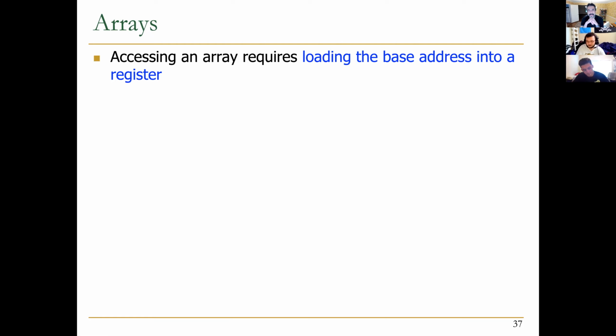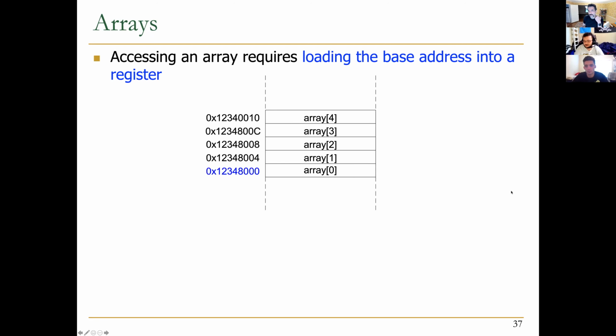Accessing an array means that we need to load the base address into a register. Once we have this base address, we can use the offset to get access to any index in the array, retrieve data from it, and store data inside any index that we want.